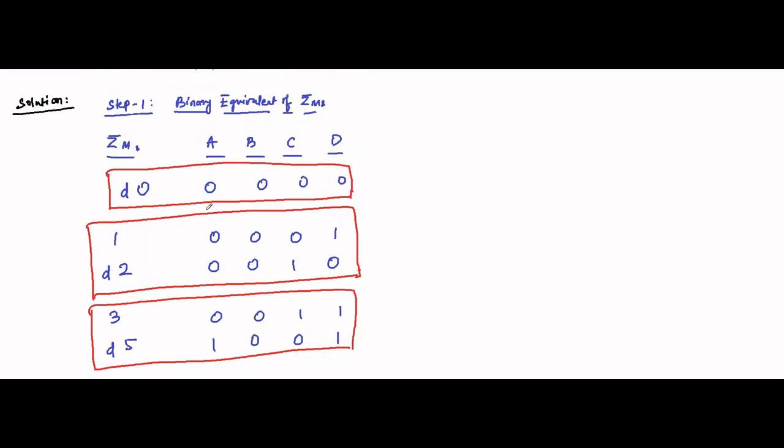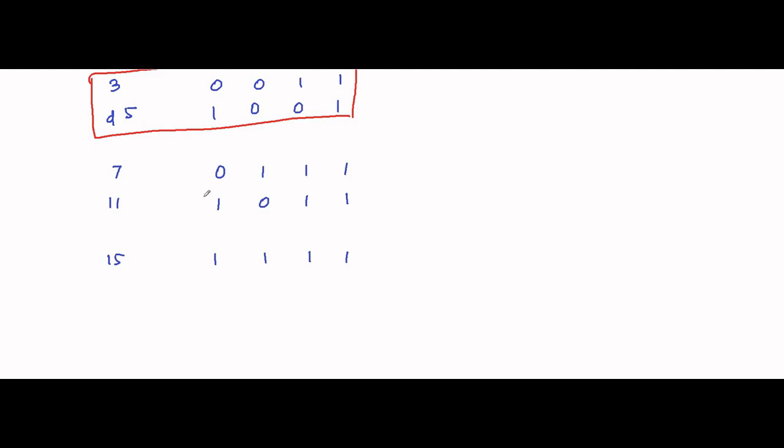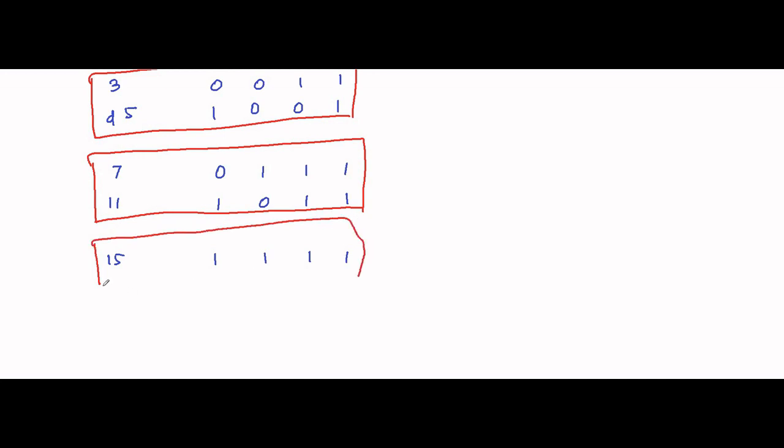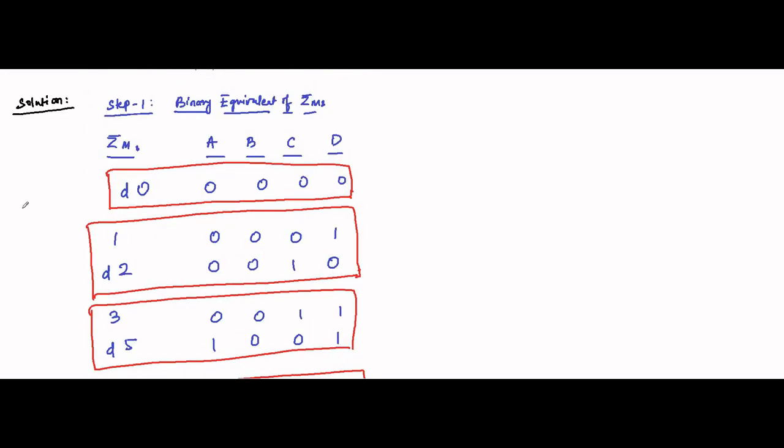Now 7 and 11: 7 has three 1 bits, 11 has also three 1 bits, and depending upon the position of the 1 bit from LSB to MSB, giving MSB the higher priority in ascending order, 7 and 11 in this particular order are put into another group. And 15 is a lone member consisting of four 1 bits. So these are the groups.